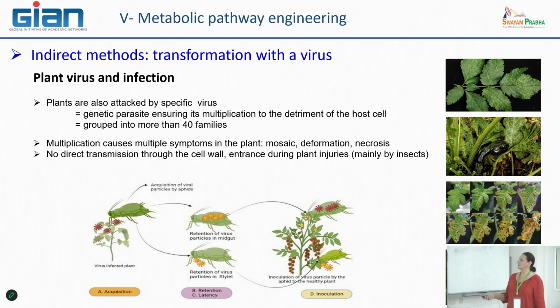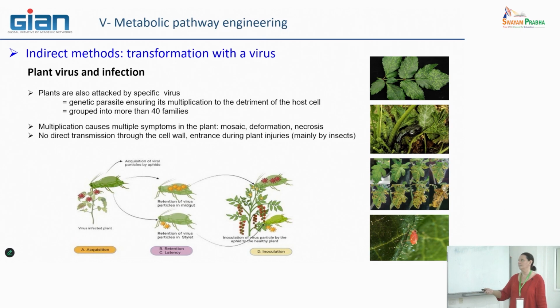So here it's a general view of how plants can be infected by this type of organism. In fact, plant viruses are classified in about 40 families. The way by which they can access the plants is mediated mainly by insects.